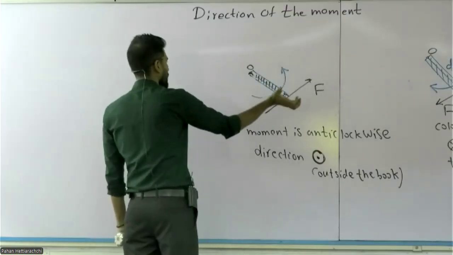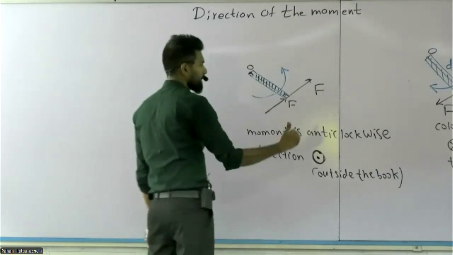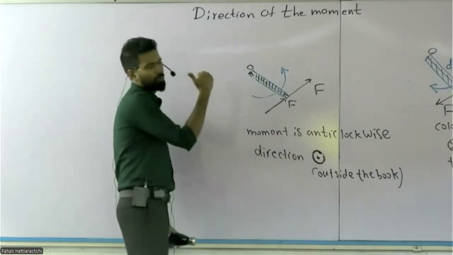Keep the thumb perpendicular to the other fingers. It will give you the direction of the moment. I'll tell again. Take your right hand and align the other fingers with the rotation. Keep the thumb perpendicular to the other fingers. It will give you the direction of the moment.